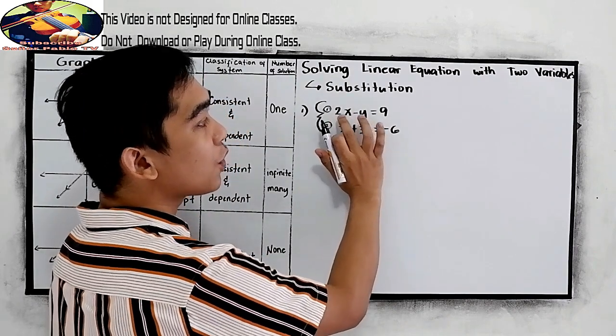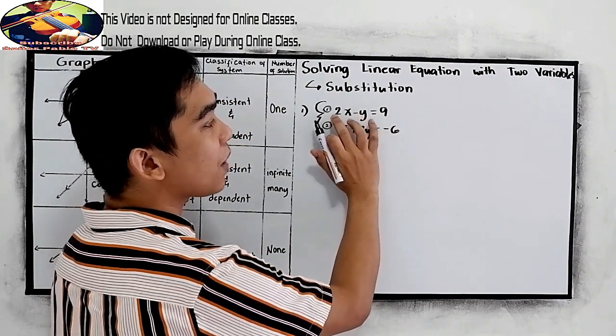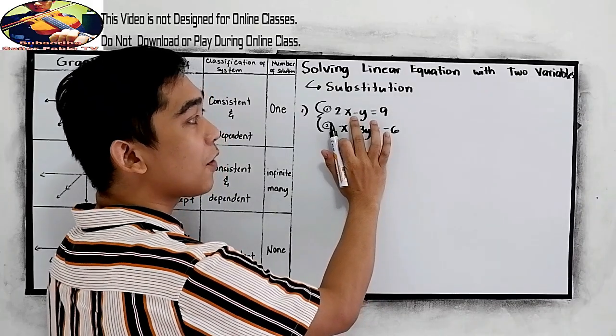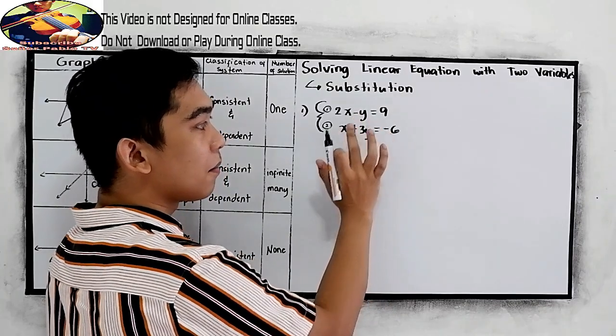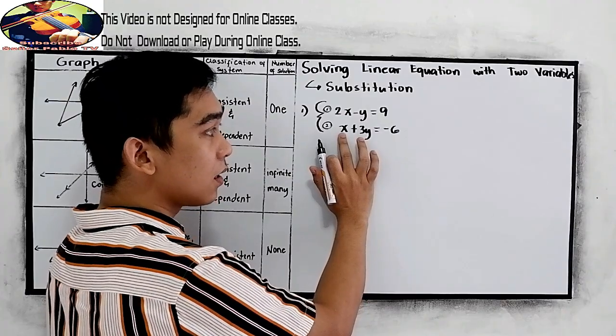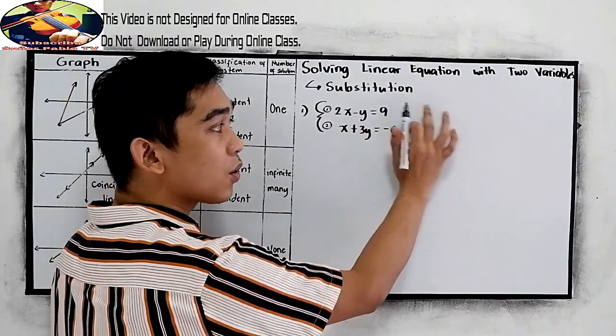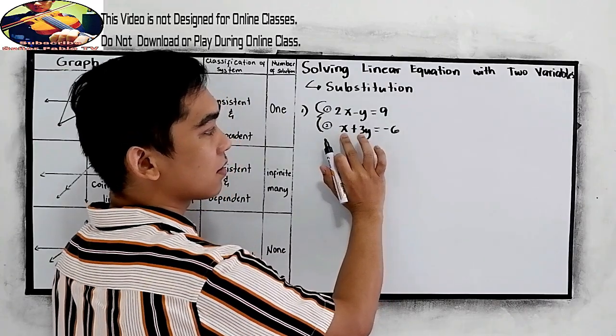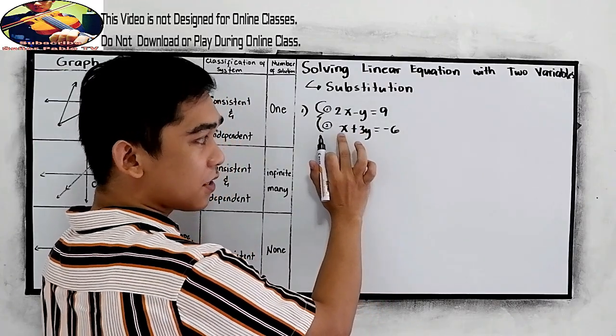In equation 1, if we use the addition property of equality, we can find the value for y. And in equation 2, if we move 3y to the right side, we can get a value for x.